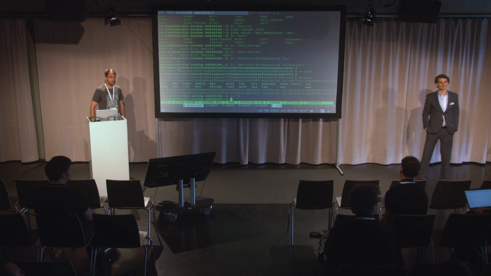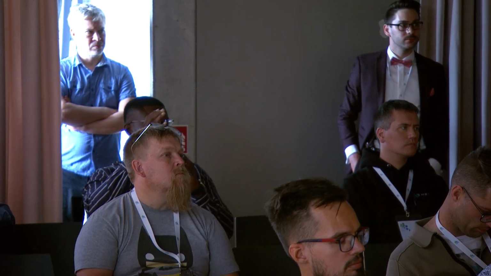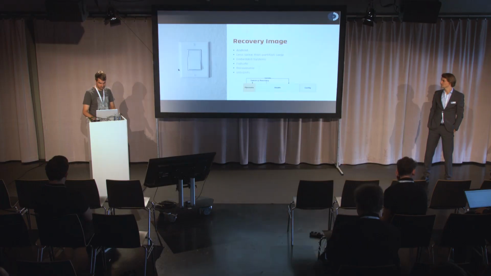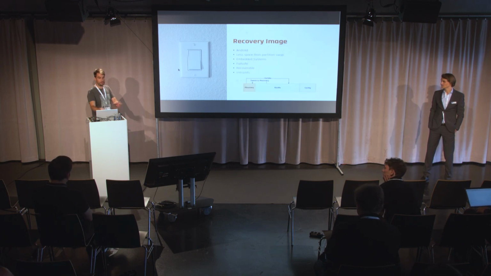Yeah, just a little question. You said that with the partitions, there was a method you showed after where you could store the bootloader in the first partition, but can't you combine both? Where you have the first little partition that just boots up the Linux, and then you have your swap partitions after that? You mean the recovery image? Yeah, that's true. You can even put the recovery image onto your initial root file system.